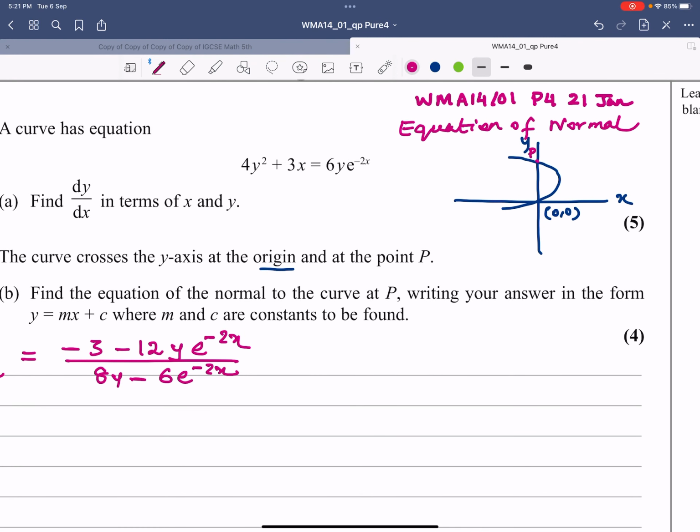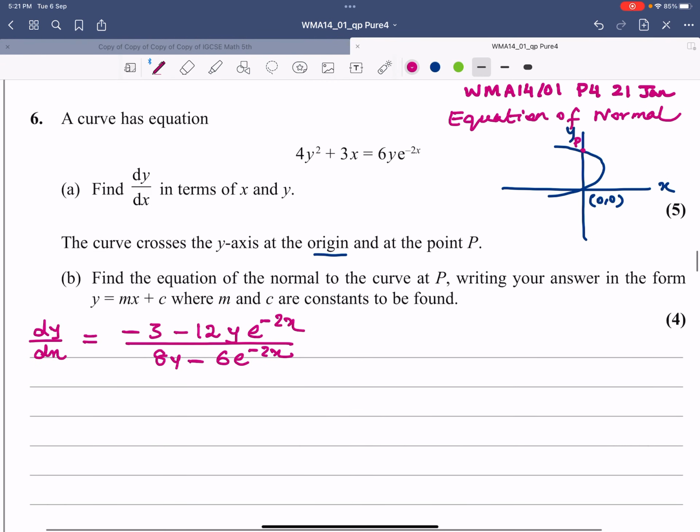Okay, so now what do we need to do in this part of the question? We are asked to find the equation of the normal to the curve at P. So what is the normal to the curve? Now first we need to know tangent to the curve. This is tangent to the curve, and tangent is a line that passes at a single point on the curve.